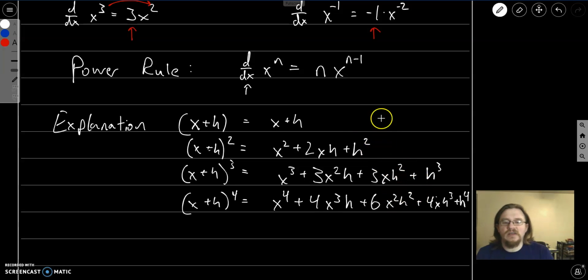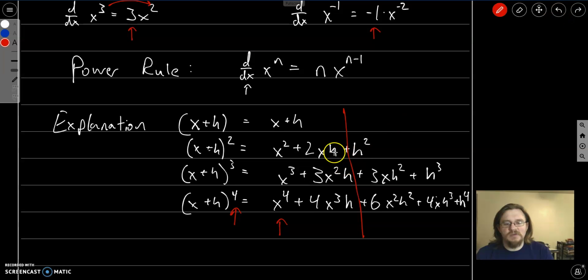And what I want to point out is, essentially, if I were to chop off these last terms, what you'll notice is that we have a term out front that is the same as the power that we're looking at. And then the next term, we'll see that we have these numbers coming out. So 2, 3, 4, and we're raising x to the 1 fewer power.